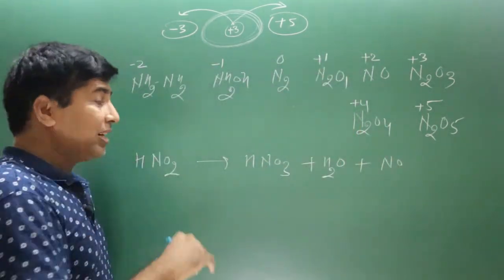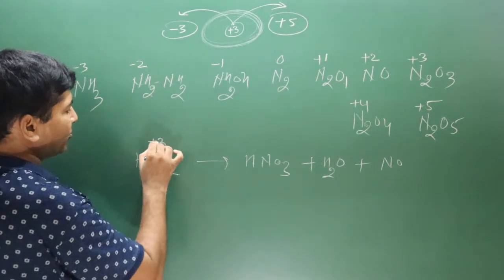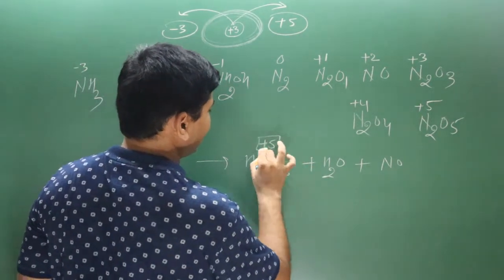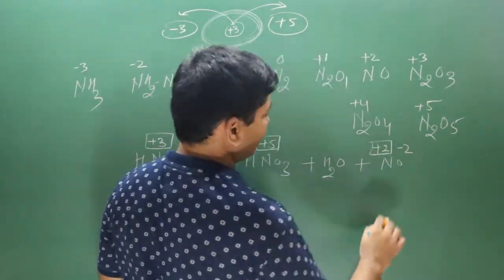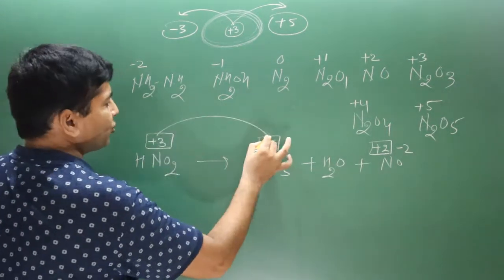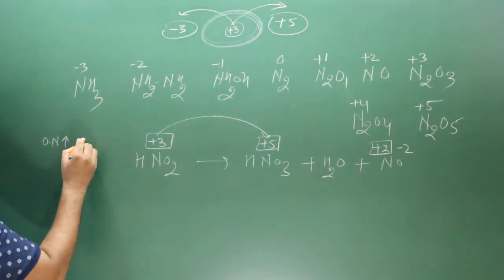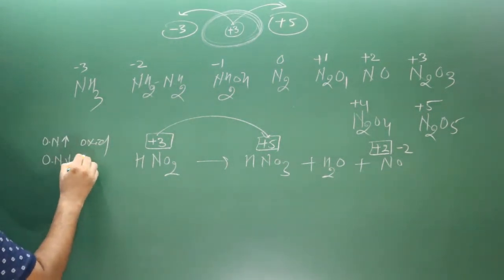Write down the oxidation state of nitrogen on both sides. In HNO2, it is present in the +3 oxidation state. In HNO3, it is present in the +5 oxidation state. Oxygen is -2, so in NO nitrogen will be in the +2 oxidation state. Compare the oxidation states of nitrogen. +3 to +5 is an increase in oxidation state, and an increase in oxidation state is always oxidation, while a decrease in oxidation state is always reduction.